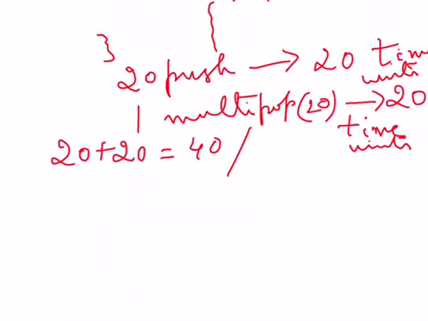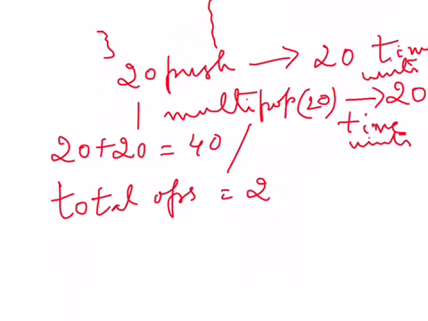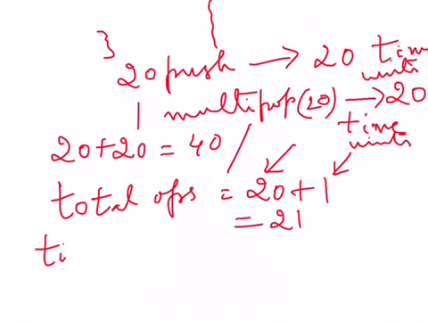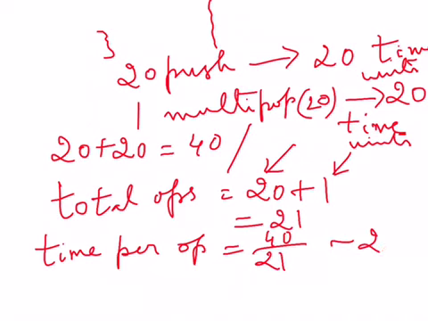Total operations: 20 plus 1, because 20 push operations and 1 multipop operation, equal to 21. So what is the time per operation? Which is roughly 2. And you can change 20 to anything.